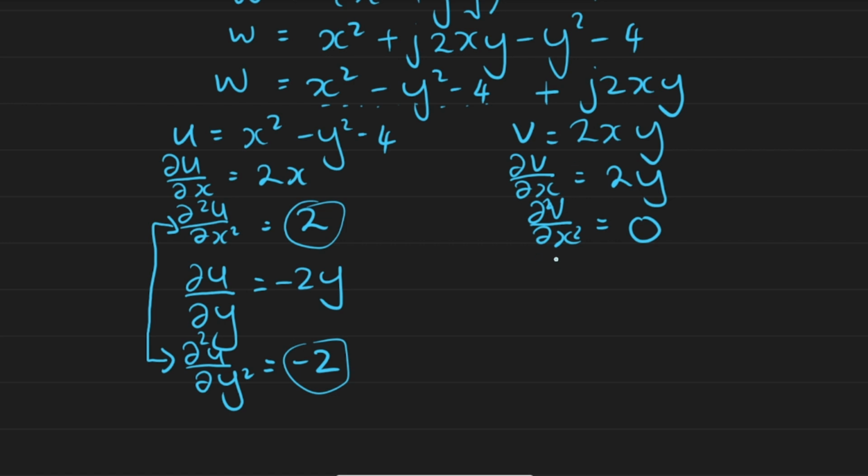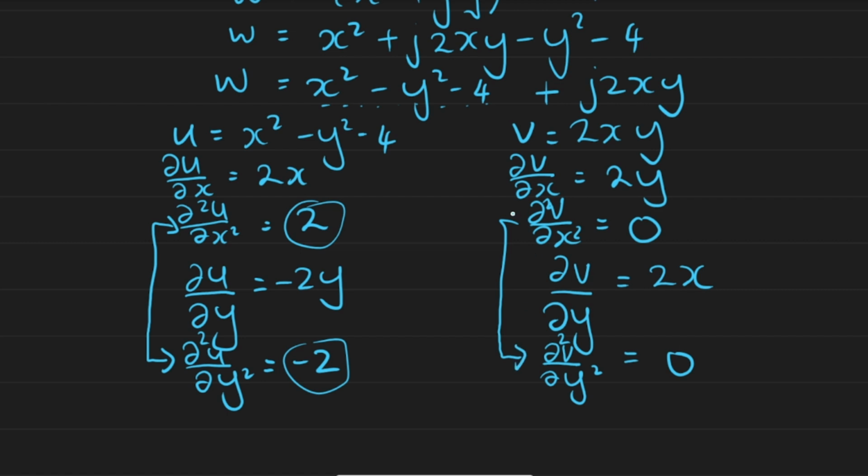In the same way, we can take dv with respect to y, which gives us 2x, and then the second derivative, d squared v dy squared, gives us 0, because x is treated as a constant. So of course 0 plus 0 just gives us 0.